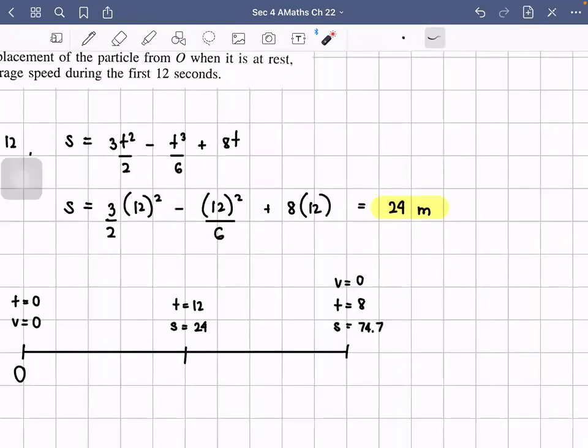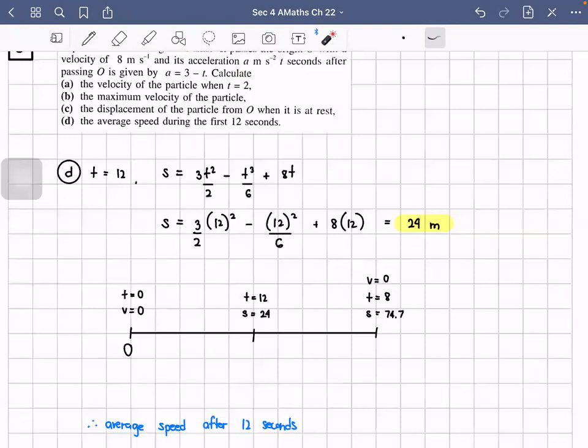Whenever you see that phrase, it means the particle turns around at that particular distance. So after 9, 10, 11, 12 seconds, it's just 24 meters away from the origin. This is 24 meters because it's the displacement.